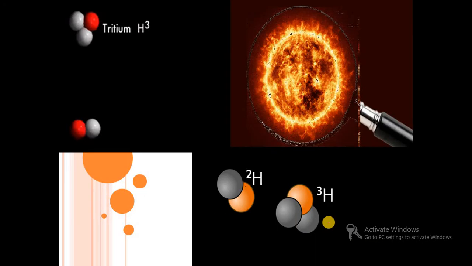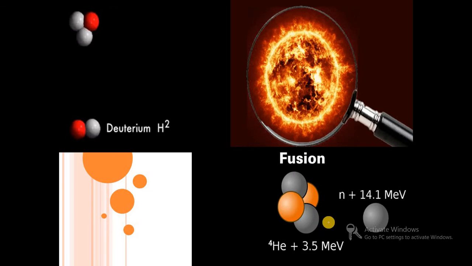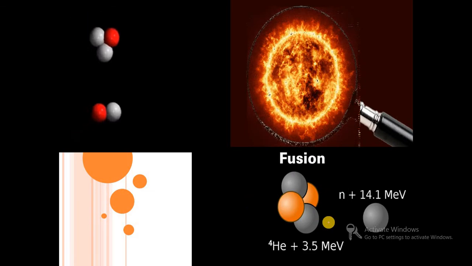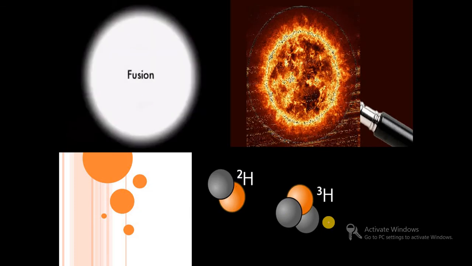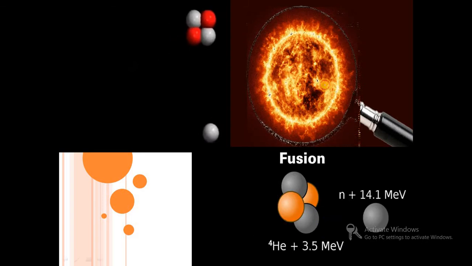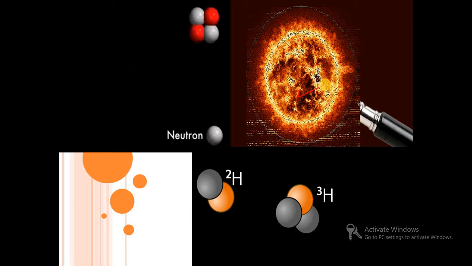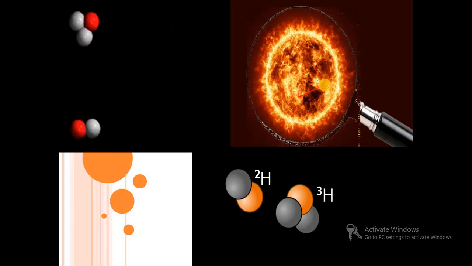This is the animated diagram of what occurs in the sun's atmosphere. Nuclear fusion mainly occurs in the sun's atmosphere, where per cycle nuclear fusion is carried out.